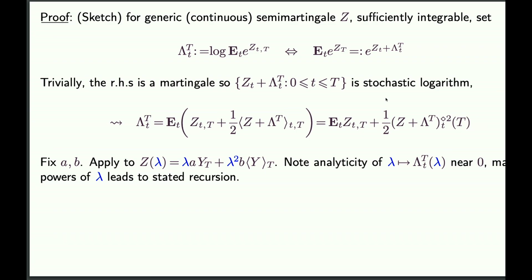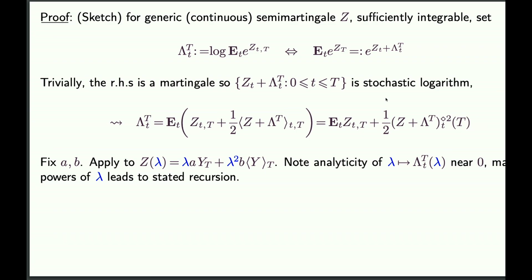And now you can recognize that this covariation or this variation bracket here, this is exactly a conditional expectation. Here's the increment of the quadratic variation. So this is an example of a diamond product or square here, the way I defined it. This is where the diamond comes from. And so here you have a general relation. Okay, let's cherish it. And now you apply this to a very specific situation, namely, you apply it to this guy here.